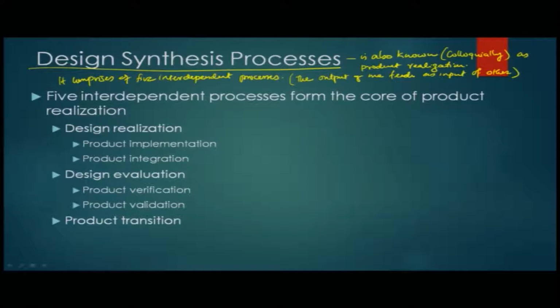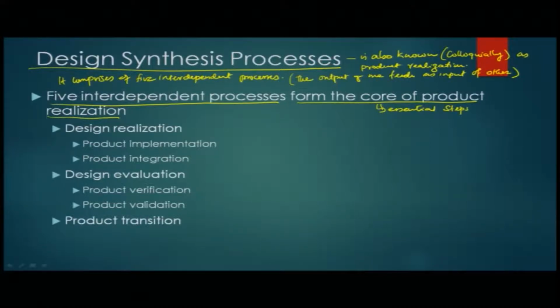So, you can understand that the output from one process becomes the input to the other process. So, which are those 5 interdependent processes? These processes form the core of product realization, or they are the essential steps to realize a product.